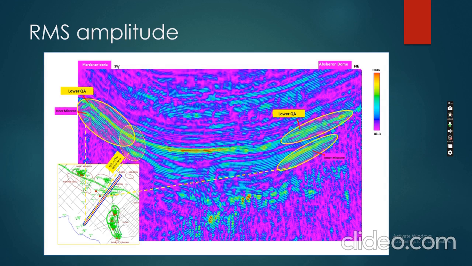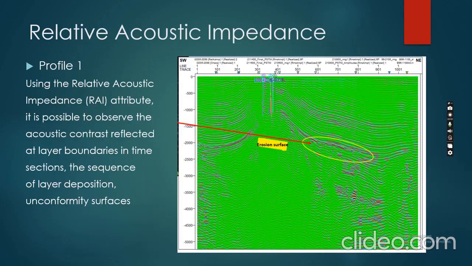And in the next slide, we can see the relative acoustic impedance map of profile 1. Here this attribute is useful because it shows the contrast between the different rock layers, helping us see where one layer ends and another begins.